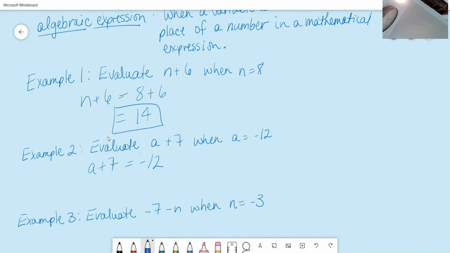Always use parentheses. So in this case, we would say that a equals negative 12, and then you're adding 7. Well, as you can see from this, you are adding unlike signs, so you find the difference of the absolute values. 12 minus 7 is 5, and you see that your larger absolute value is the negative number, so your answer is negative.